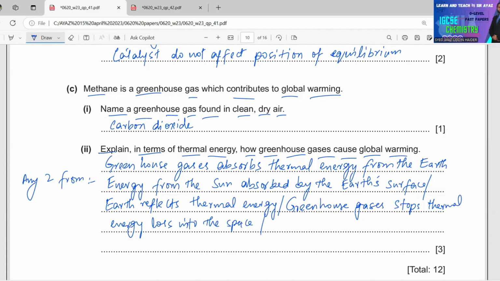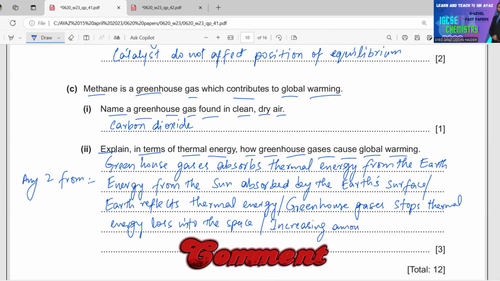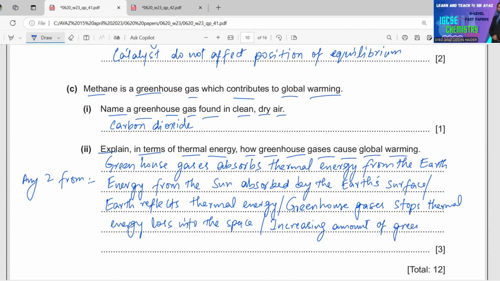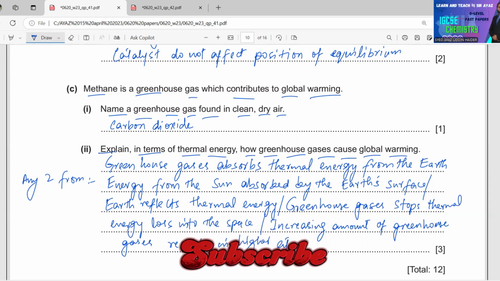Then what's happening? Due to the increasing amount of greenhouse gases, it results in an increase in temperature of the earth. Increasing amount of greenhouse gases, higher atmospheric temperature.